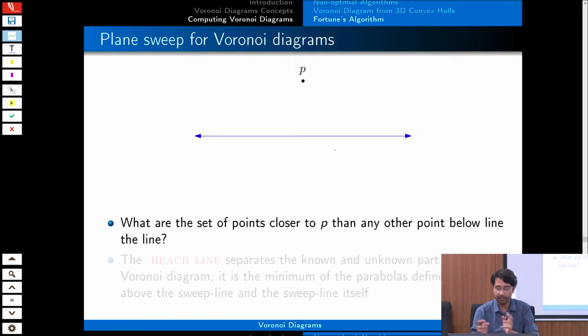What does it mean? There might be several points here, here, here, but what is the set of points which, does not matter how they come, we can say will always be closer to P than any point below the sweep line?